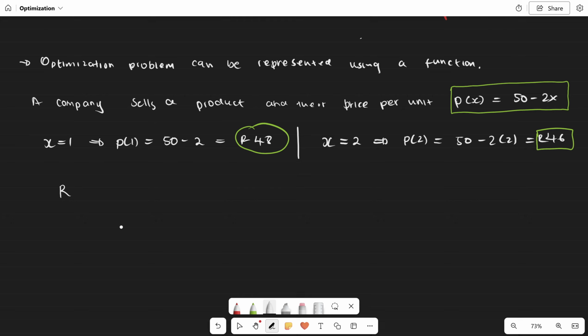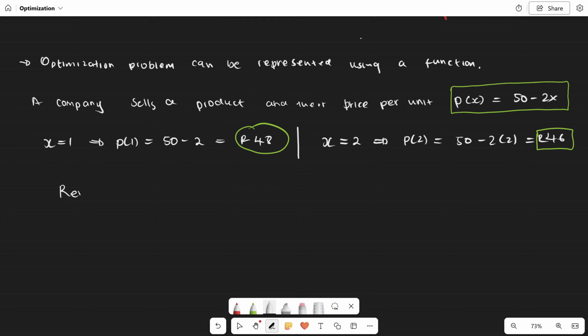Let's say you sell 10 products, and each product you sell for 10 rand. That means you've made 100 rand. But that money also includes your costs. You haven't taken out the cost, it's just the revenue, the income that you've made.